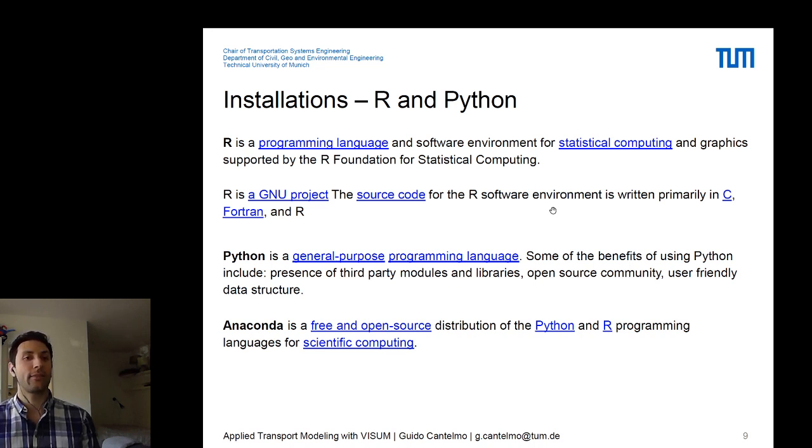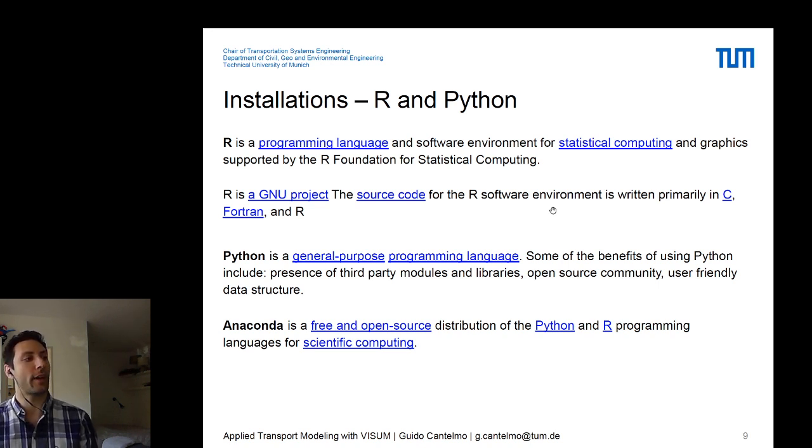Now, what are the advantages and disadvantages? Well, Python is pretty much just a general purpose programming language. So in this sense, it can do pretty much everything. They both can do pretty much everything. The advantage of Python is that it has many modules, many libraries. It is open source, and even more important, it is compatible with Visum.